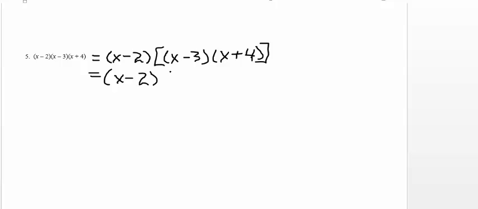So when I do this product, I'm multiplying x times x plus 4. And I'll color code this. And then minus 3 needs to be multiplied by x plus 4.